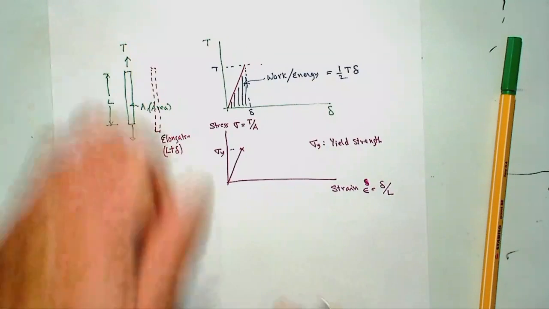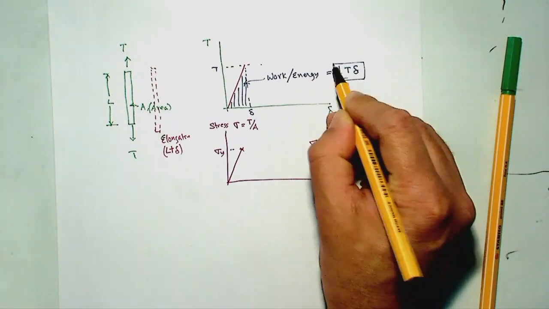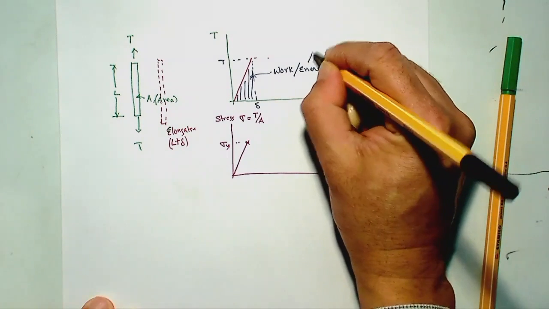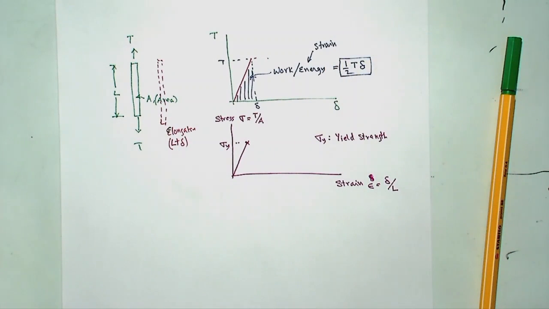So the machine did this much work, and that is stored as a strain energy within this bar, like a spring.